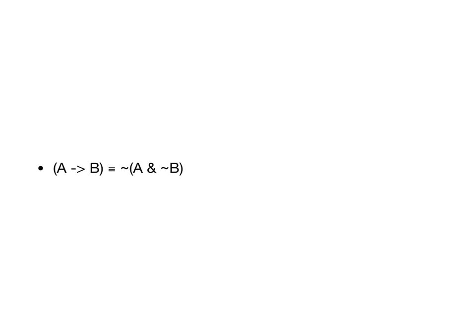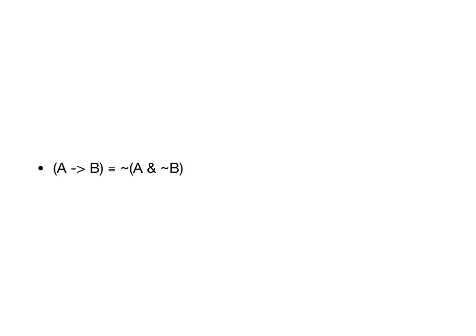Another logically equivalent expression to if A then B is not A and not B, right? A arrow B is equivalent to saying it is not the case that A is true and B is false. That's also pretty intuitive.